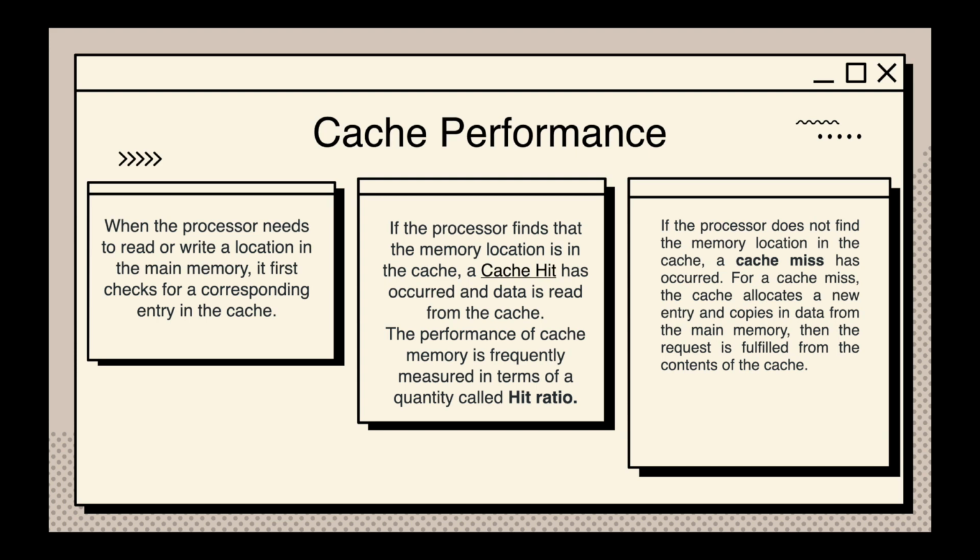Cache prefetching is another technique used to improve cache performance. This technique involves predicting which data or instructions the processor will need next and preloading them into the cache. Effective prefetching can significantly reduce the number of cache misses and improve cache performance.